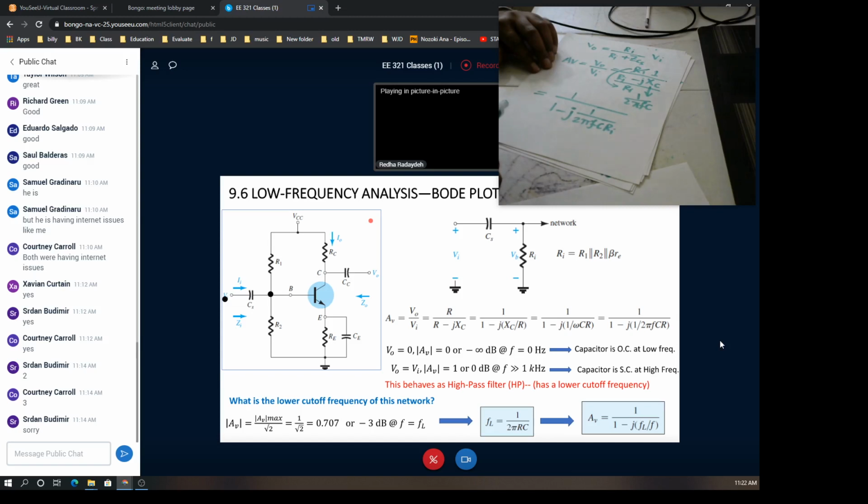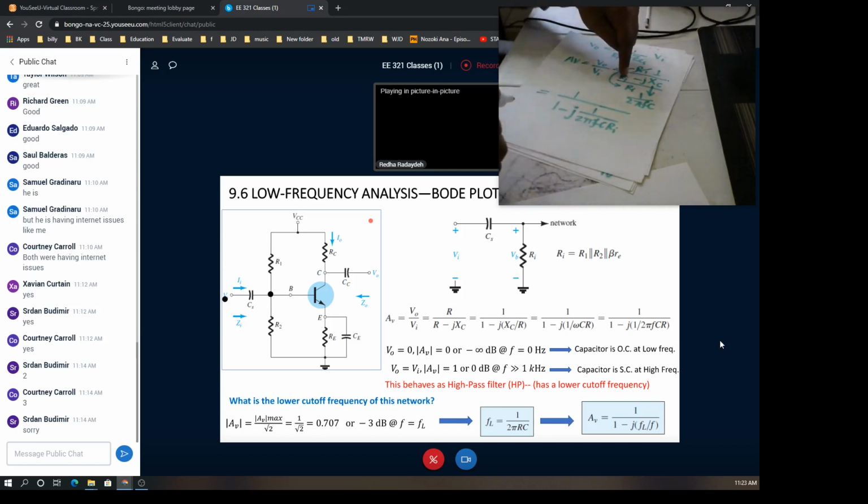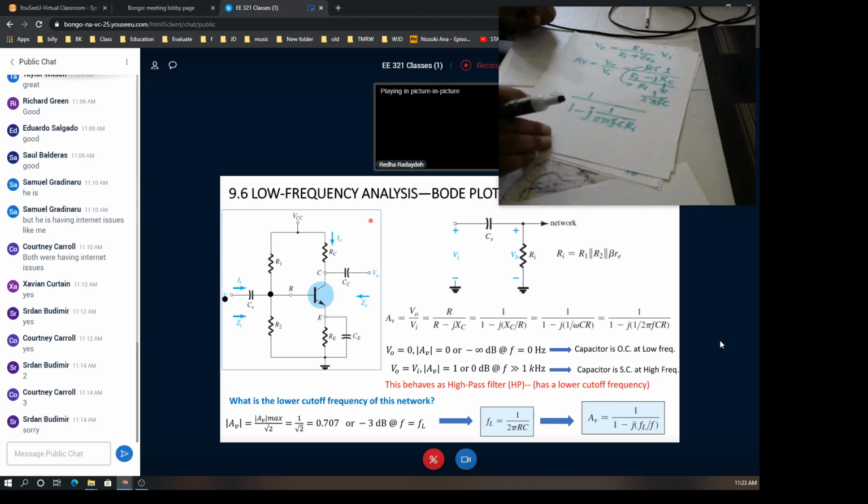Is it clear? Take Ri as a common factor from the denominator, and you will have Ri down, Ri up, that will cancel, and you end up down having 1 minus Jx divided by that Ri. Yes, I understand now. Thank you.